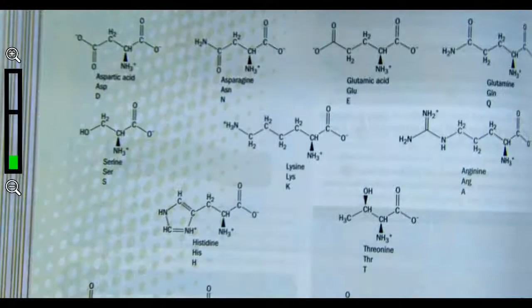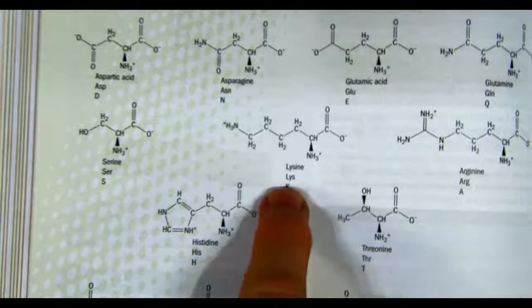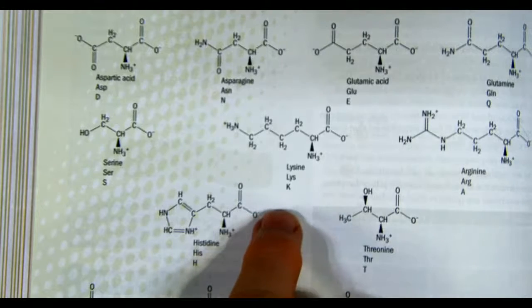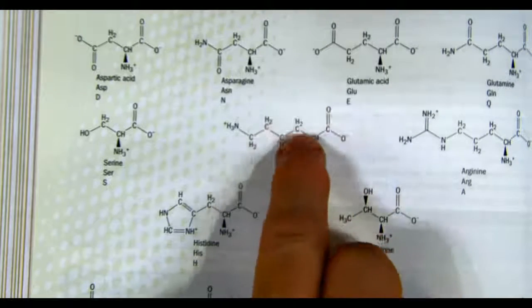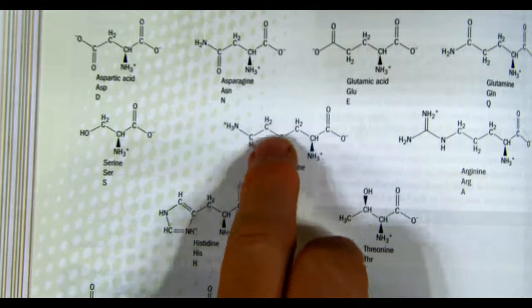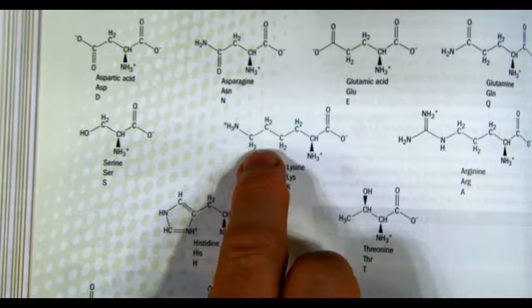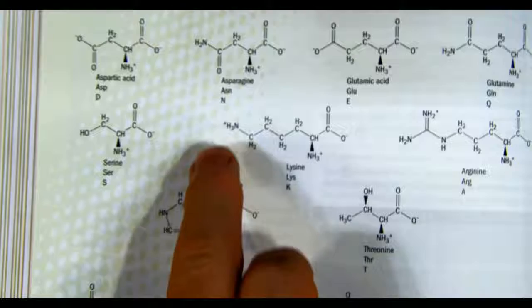We've got all sorts of different chains that we can put on, and if I look at one of these, and I'm going to make lysine, we can make some interesting observations. So if I'm going to make lysine, I'm going to have CH2, CH2, CH2, CH2 and an NH3 on there.